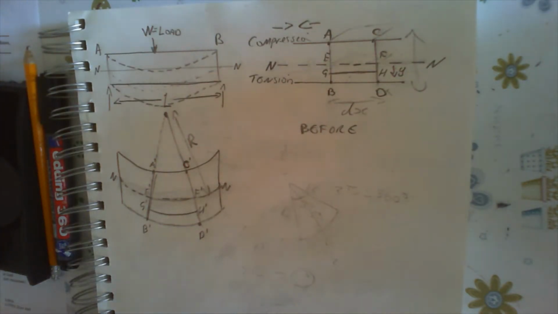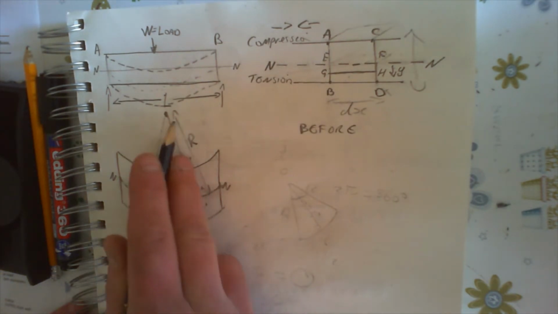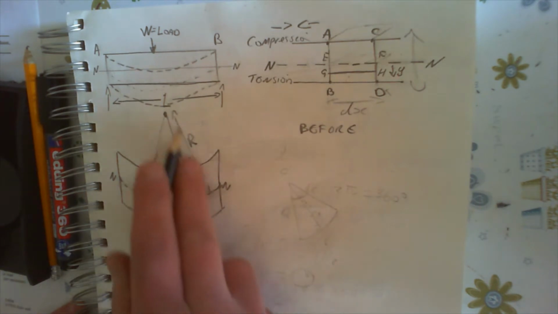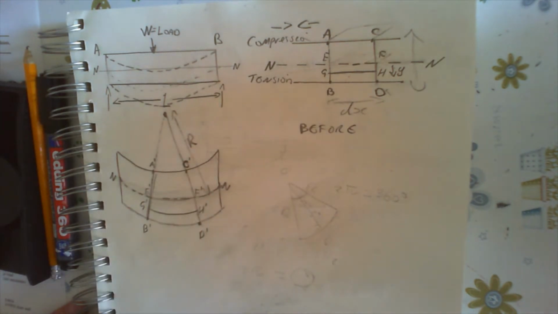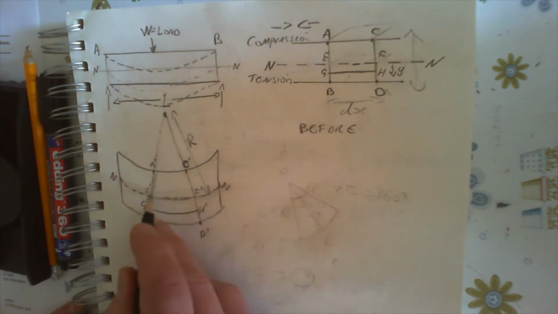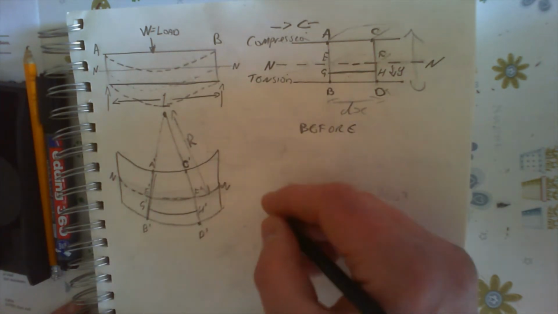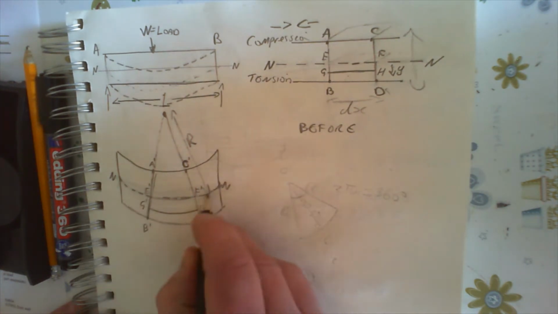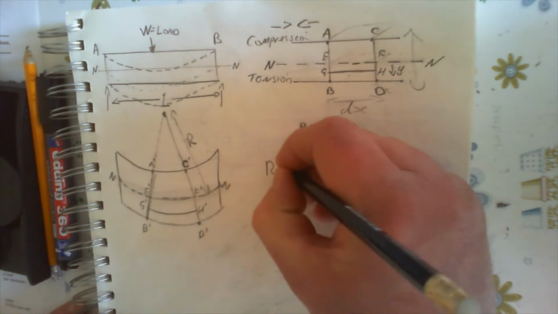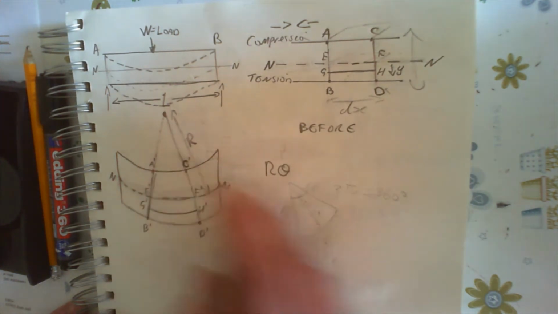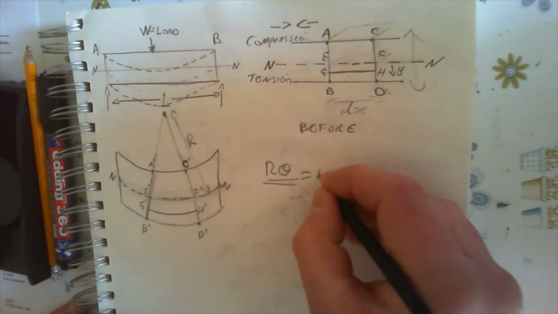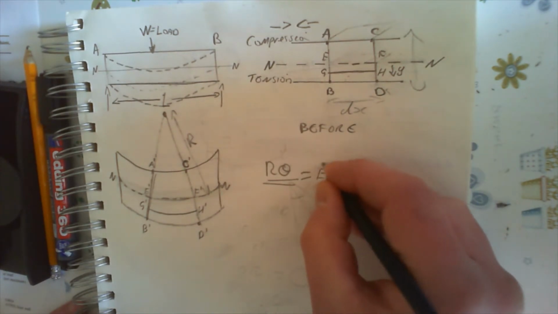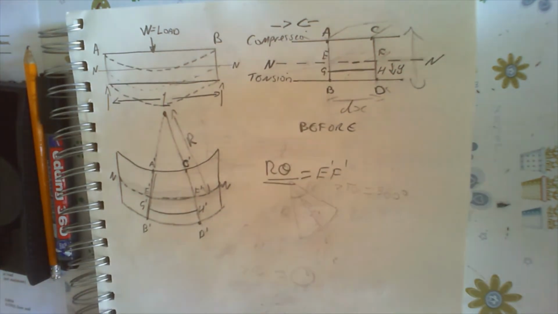So basically, if you're working in radians and I want to find the length of this arc here, in particular the neutral axis, it would be r times the angle in radians. So that would show that EF or E dash F dash would equal that.